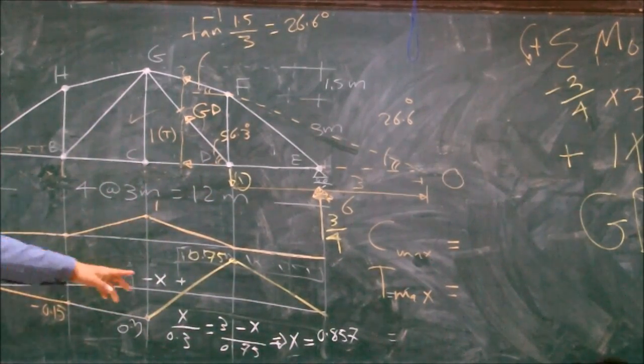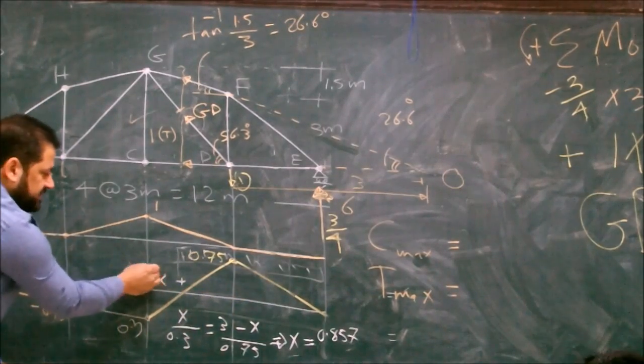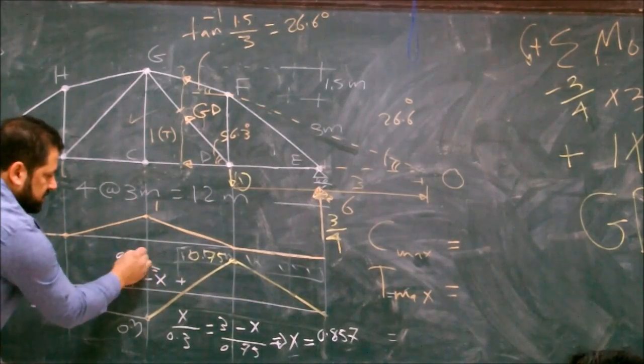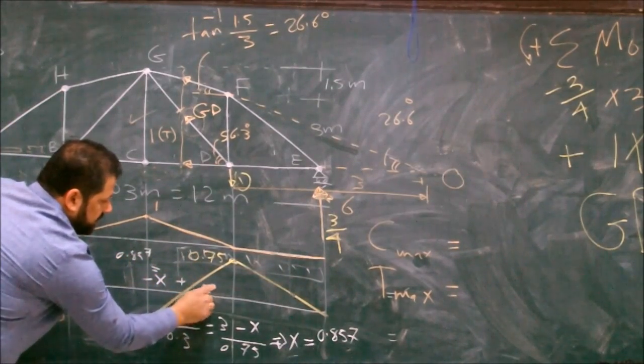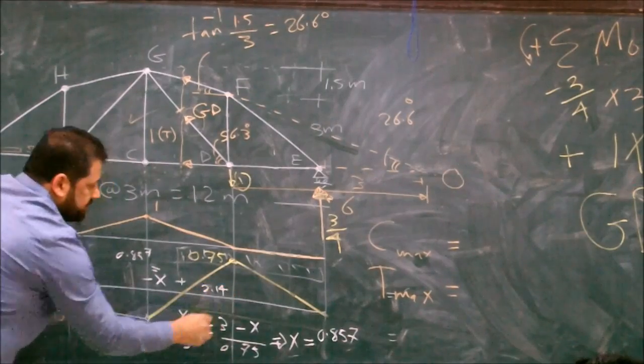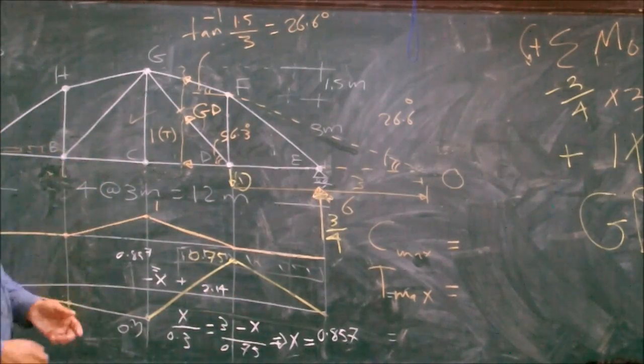Good? 0.857. So this is 0.857. And this one from here to here, 3 minus this one, 2.14. Now, let's do it here.